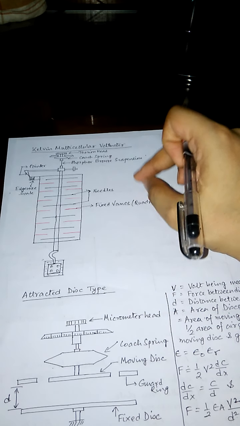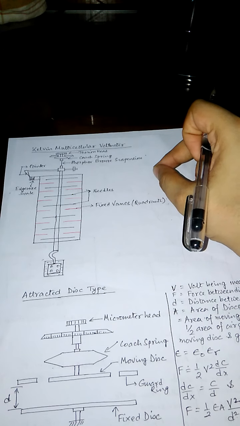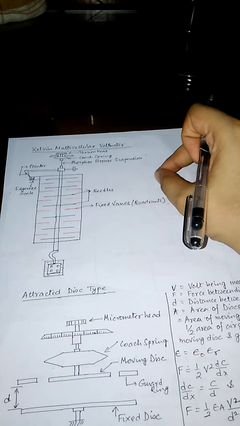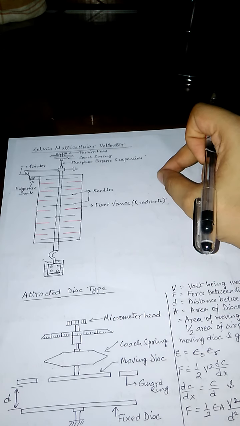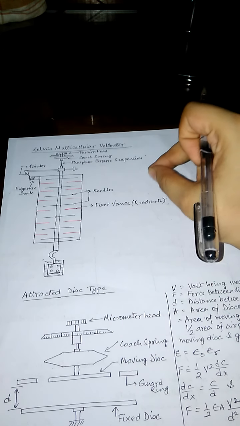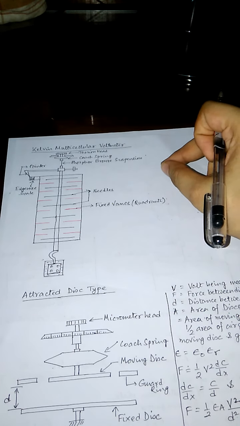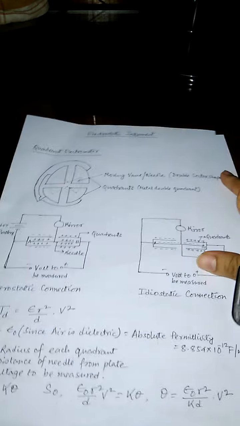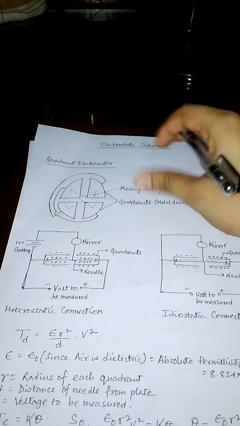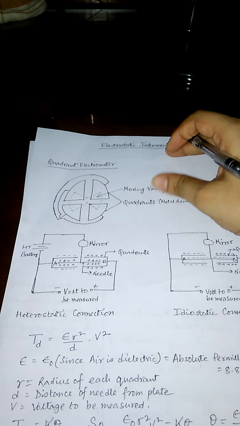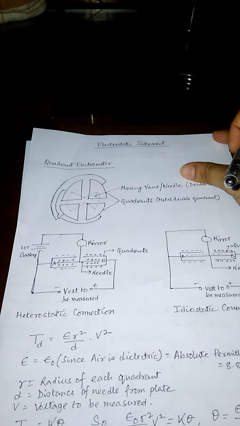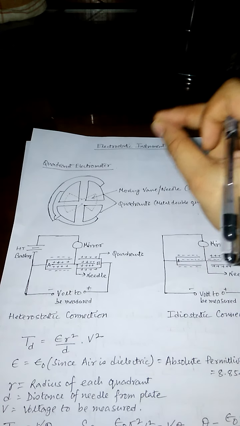Now we have considered the quadrant type of operation. There is one more point for the suspension type arrangement, which we already discussed in the previous one. For the suspension type arrangement we have to use a high resistance connected in series to limit the current.